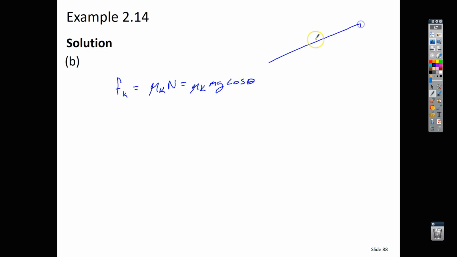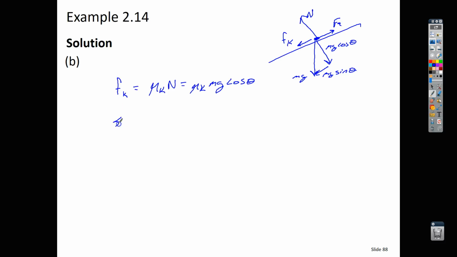And remember that comes from our diagram here. So we've got mg cosine of the angle, which is basically the same thing as the normal force. We still have mg sine of the angle going down the hill. This is mg here. And then we're pushing it up the hill, so this is that applied force. And then we have the kinetic force of friction, so Fk, pointing down the hill.